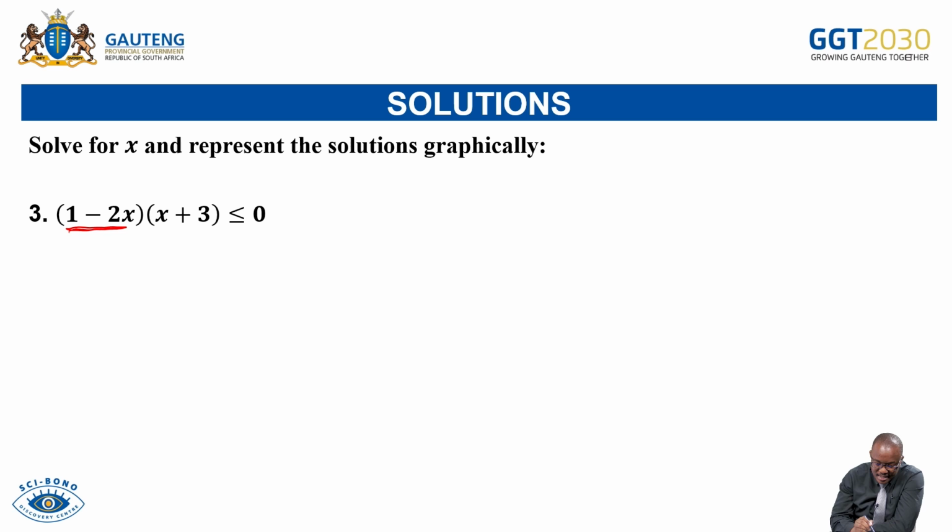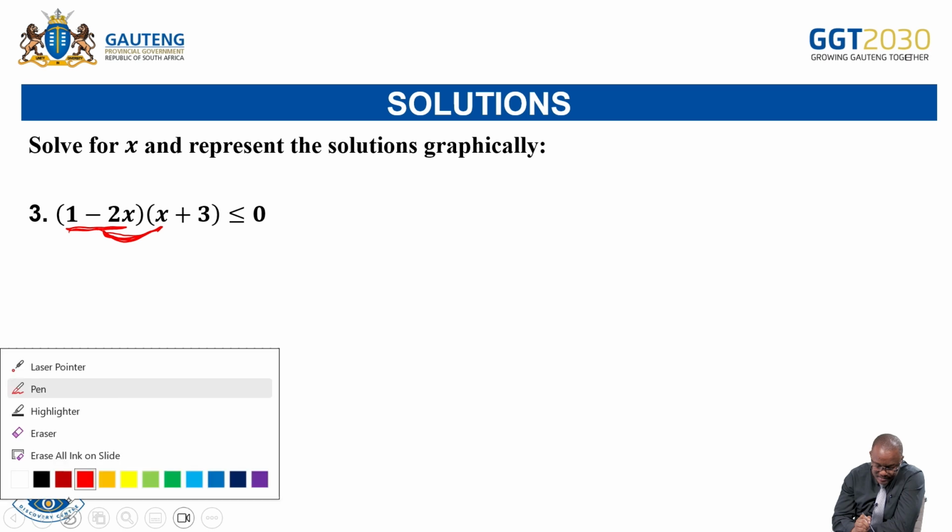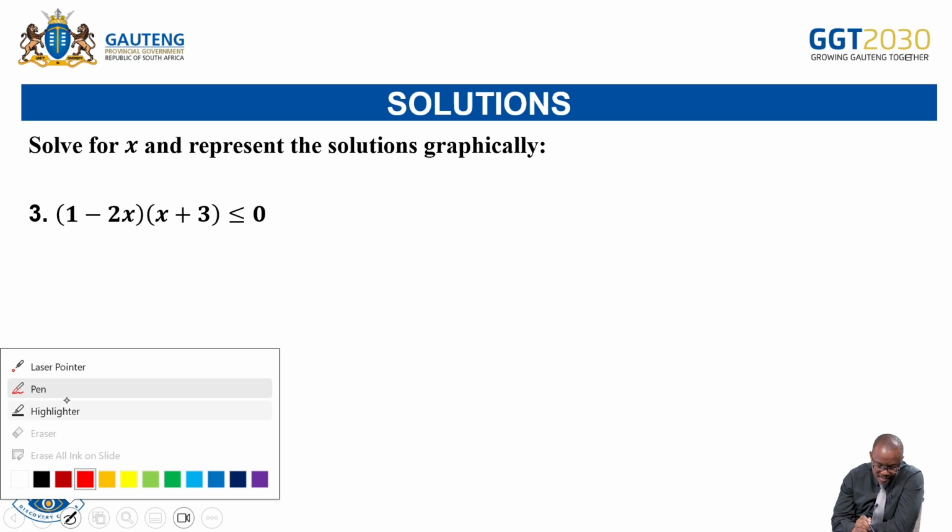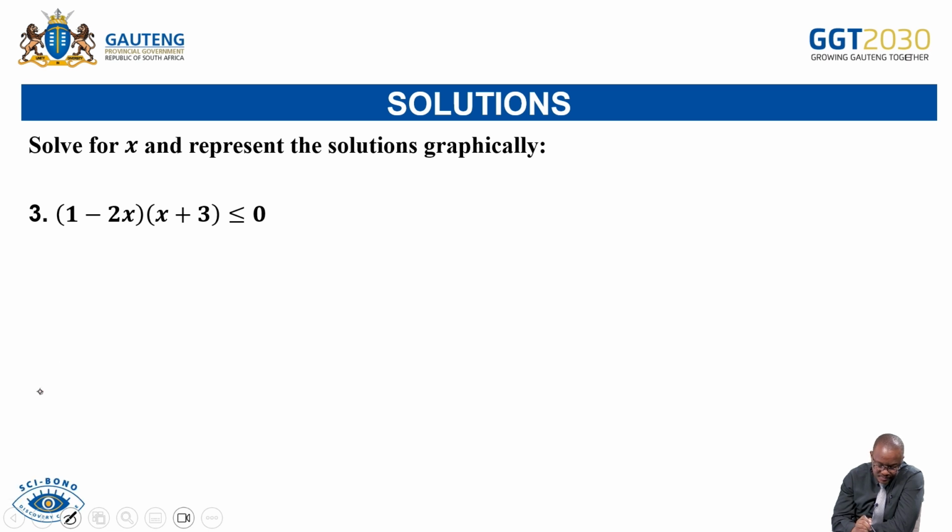So now, if you were to multiply here, then you will see that you are getting negative 2x squared. So now, what can we do in this case? We can simply get rid of the negative, but how do we do that?